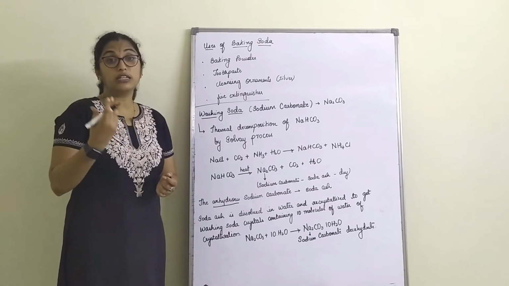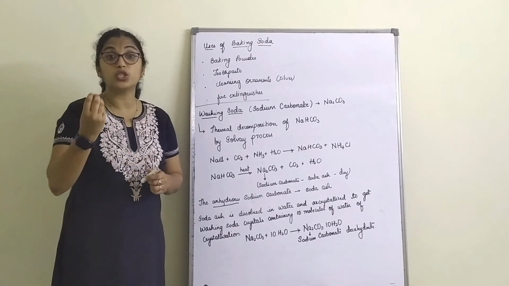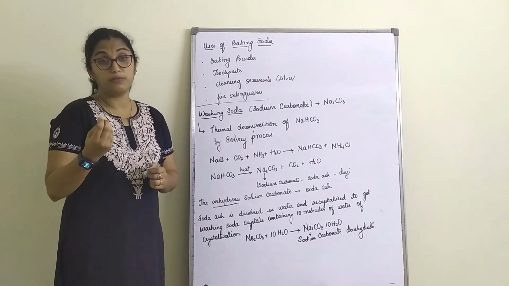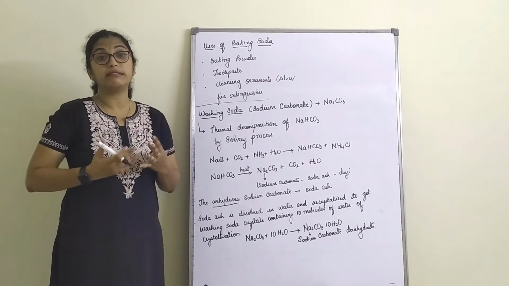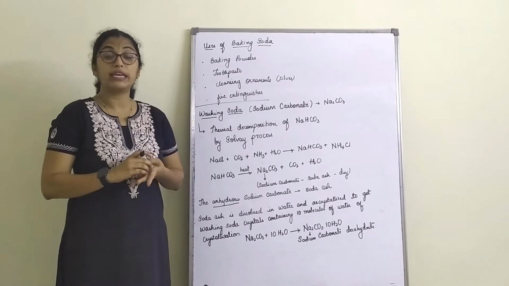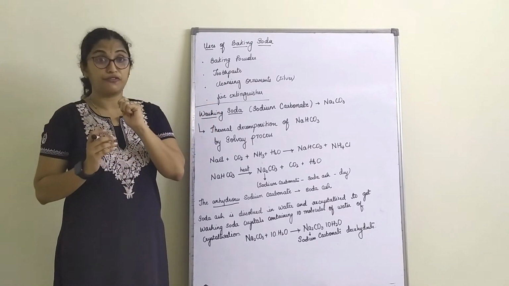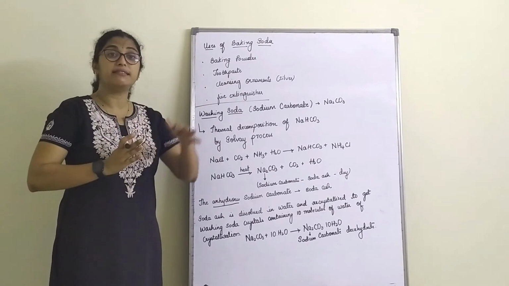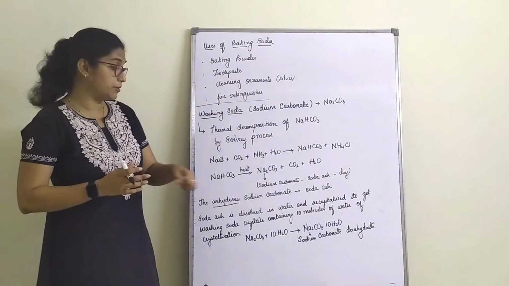So, we want sodium carbonate in the crystalline form. Now, crystalline form is different, right? Powder form is different. Usually, how do we get these metals or salts? We get them in crystalline form or amorphous form. You will understand crystalline and amorphous again in detail in the metals and non-metals chapter.